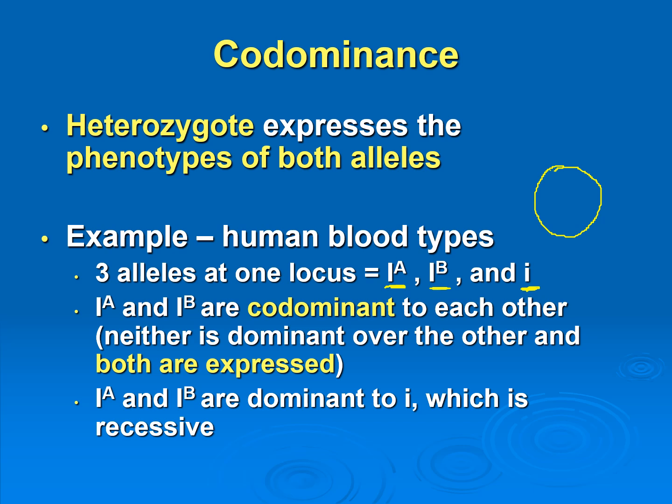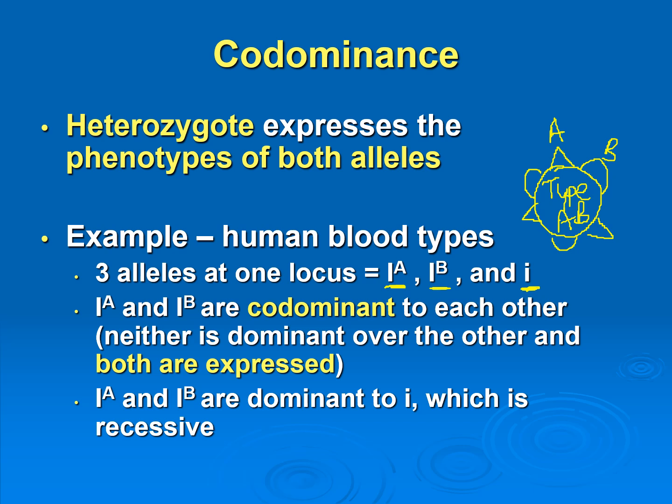So the IA allele will code for the A protein, and then the B allele will code for the B protein on the surface of these red blood cells. And this is what's going to cause this person to be type AB blood, because they will express both the A and the B protein on the surface of their blood.